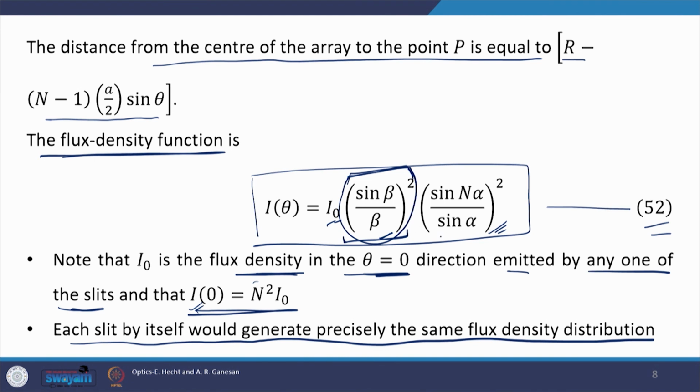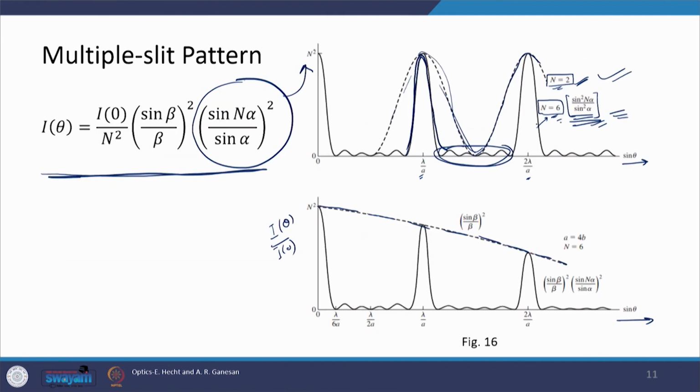There is a pattern given by sin n alpha by alpha whole square, and this is a rapidly varying function. This function is being modulated by the single slit diffraction pattern. This is the rapidly varying function sin square n alpha upon sin square alpha, and if you multiply it by sin beta by beta whole square, which is a slowly varying function, that function will now envelop it and modulate it.